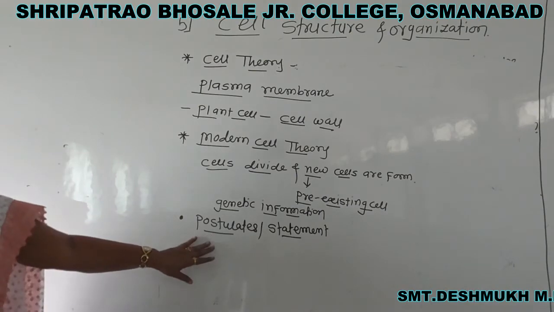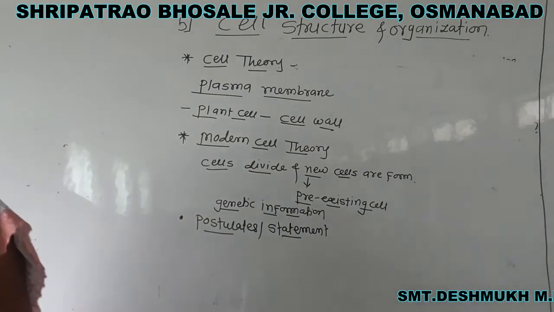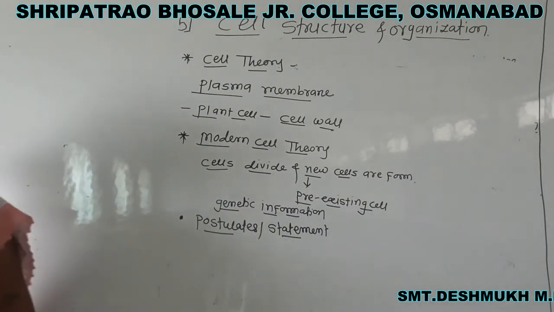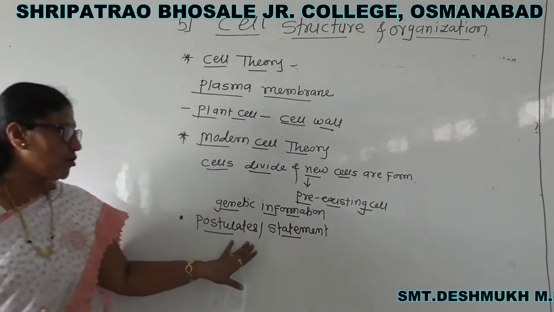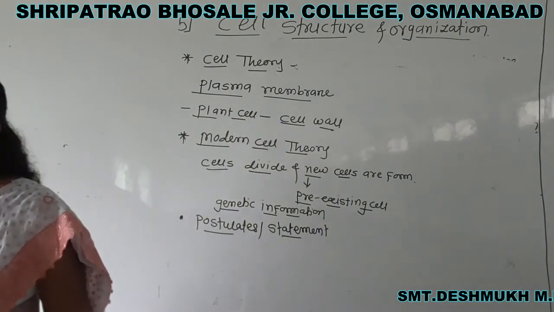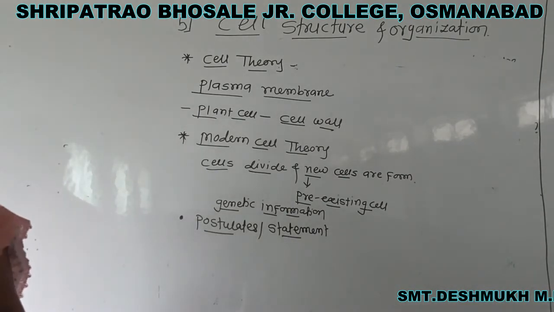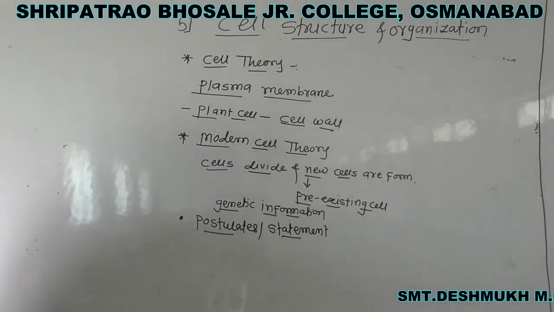The second postulate: living cells arise from pre-existing cells. The third postulate: the cell is the structural and functional unit of life.